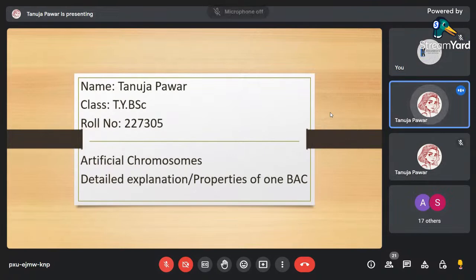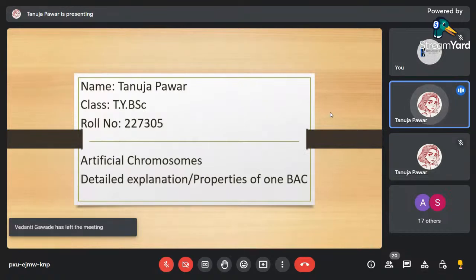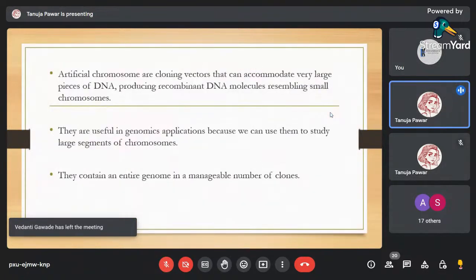Okay, so today we are going to discuss artificial chromosomes, and in artificial chromosomes mainly bacterial artificial chromosome.